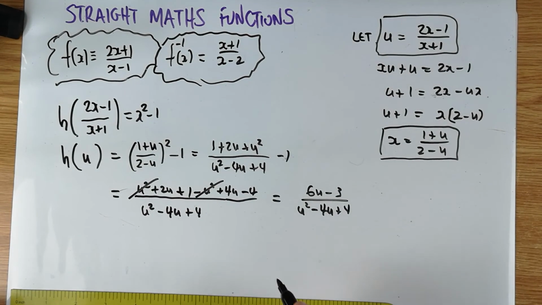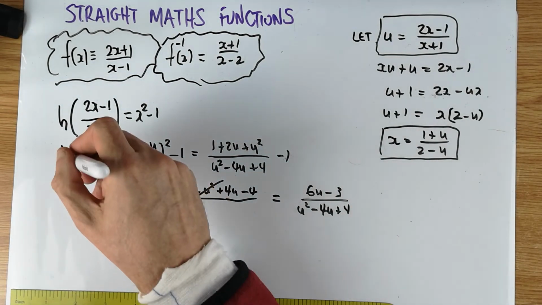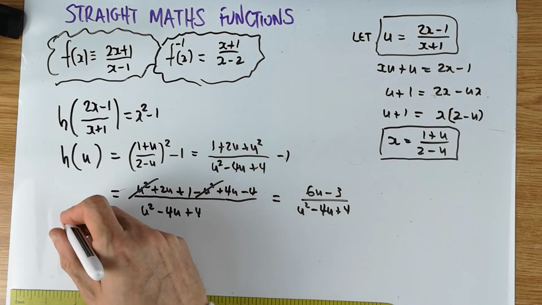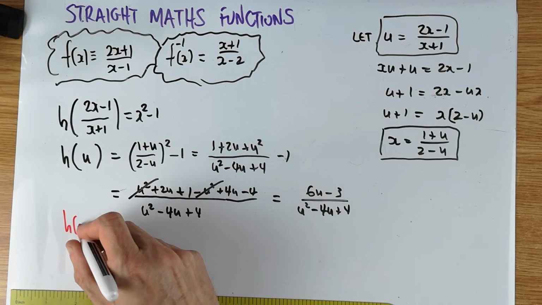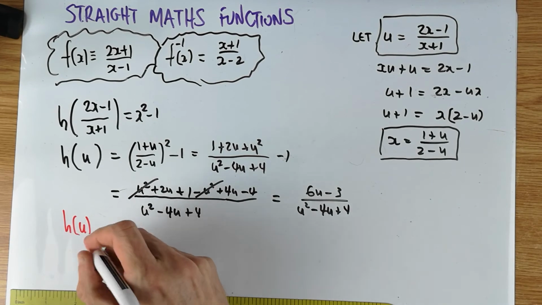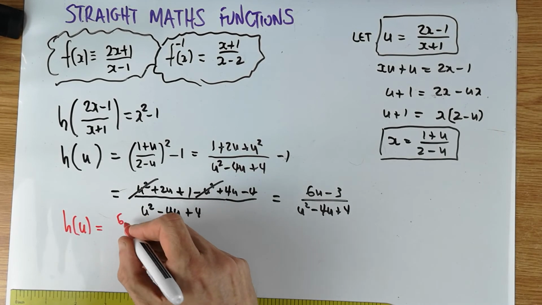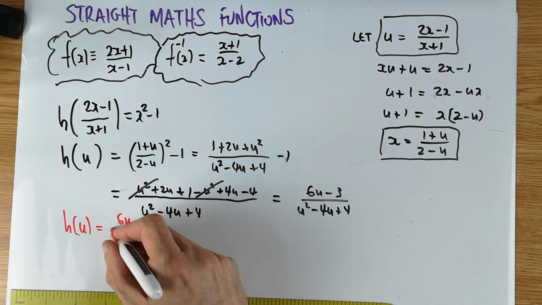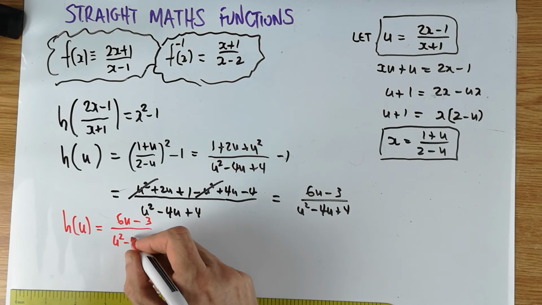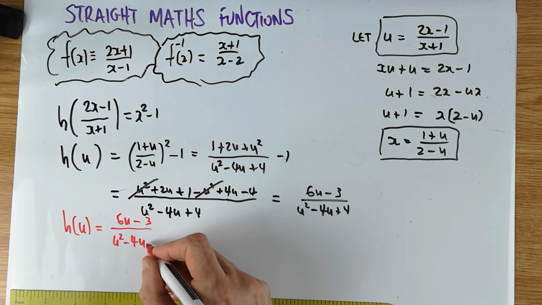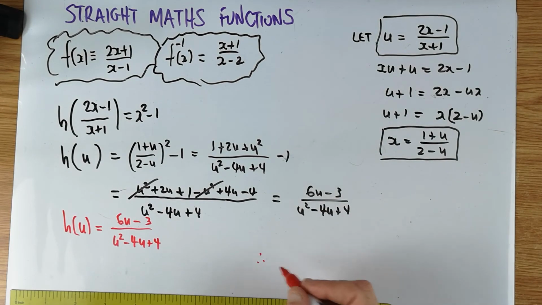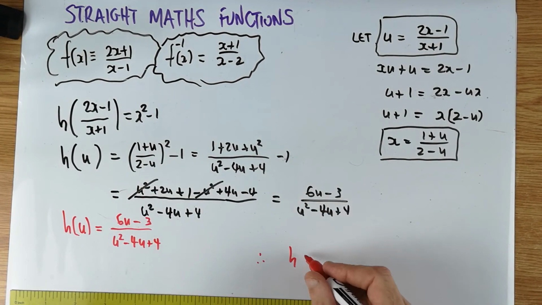But don't forget, just for technical purposes only, the question wants us to write the function in terms of x. So at the moment what we got is h of u, not that it matters. The function h should be doing this. And if you want to rewrite it back in x, of course you can, it hardly matters, it's a dummy variable.